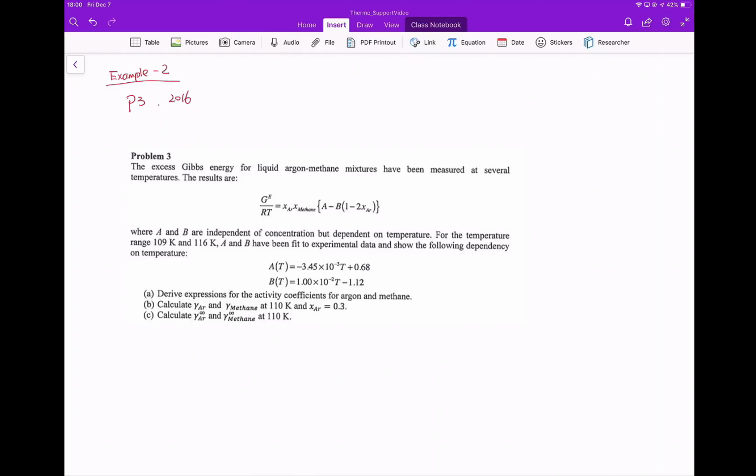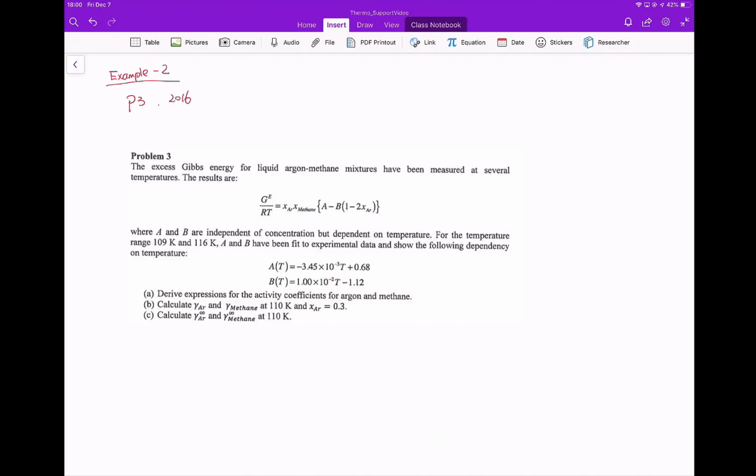The problem says we have this excess Gibbs energy for a liquid argon and methane mixture as a function of their corresponding compositions. A, B are constants depending on temperature. For the temperature range from 109 Kelvin to 116 Kelvin, A, B have been fit to experimental data, and we have this correlation.